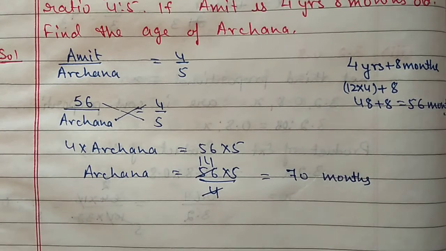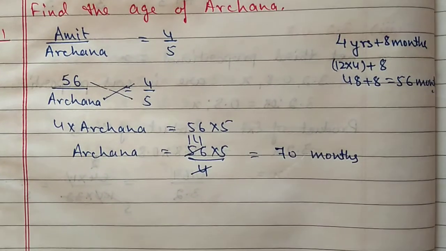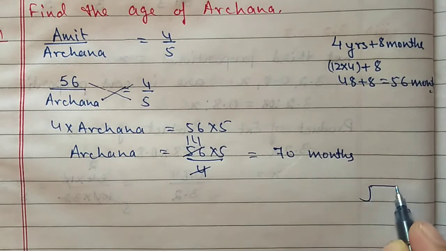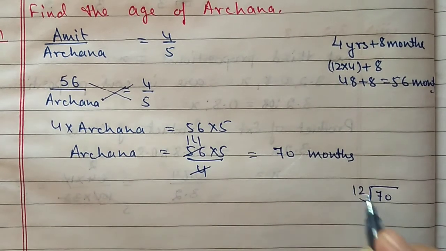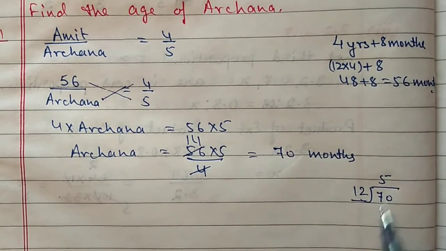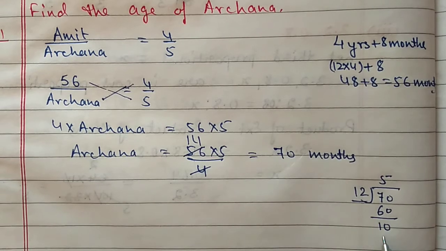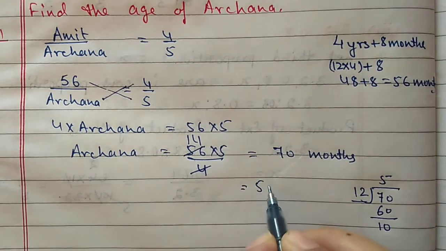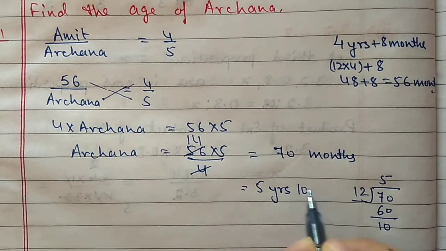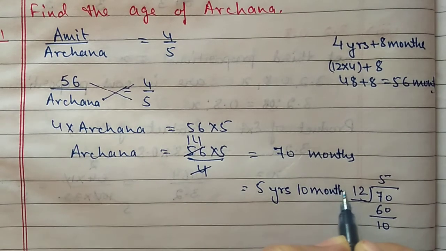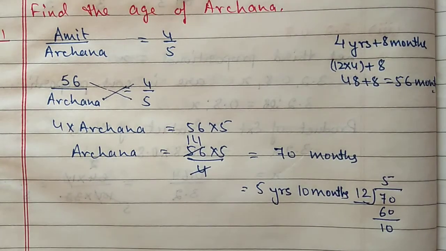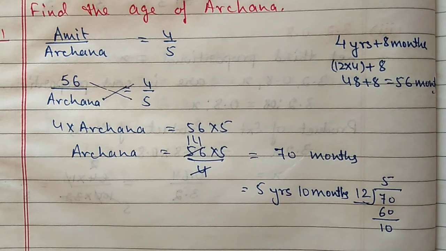Now these 70 months you can again change into years. Divide 70 by 12. 12 5s are 60, and the remaining is 10 months. It means 5 years 10 months. So the age of Archana is 5 years 10 months.